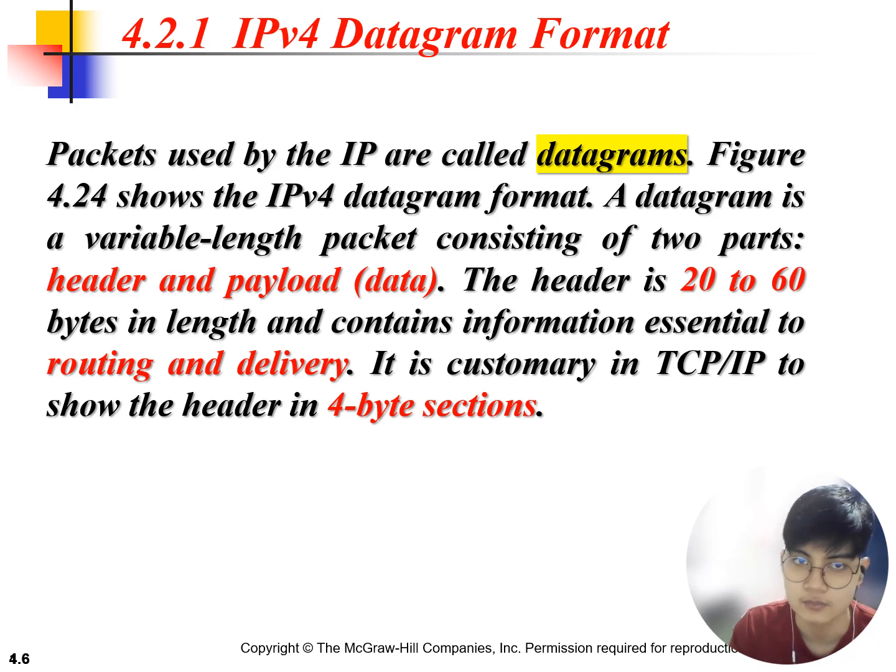It is a variable-length packet consisting of two parts, header and payload. The header is 20 to 60 bytes in length and contains information essential to routing and delivery. It is customary in TCP/IP to show the header in 4-byte sections.